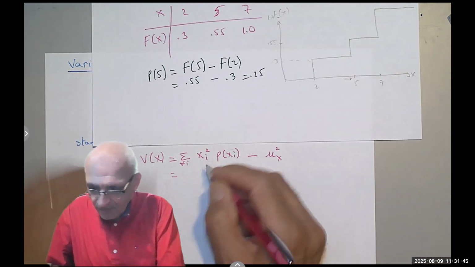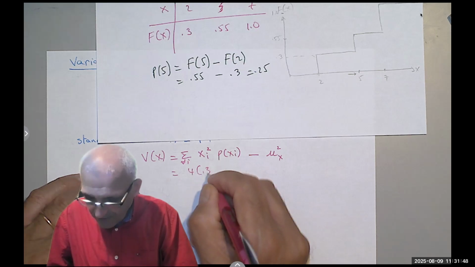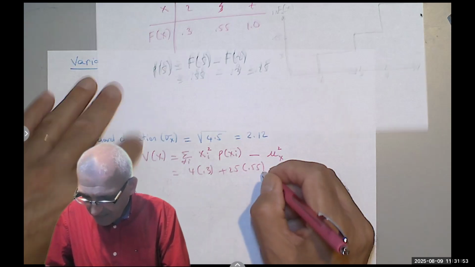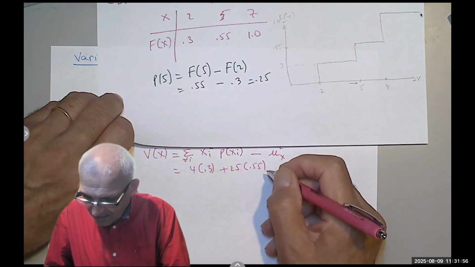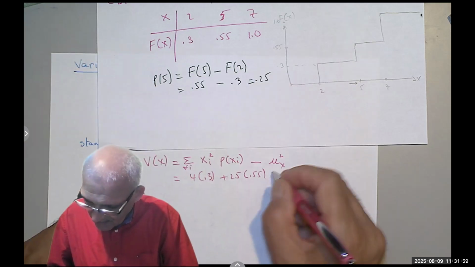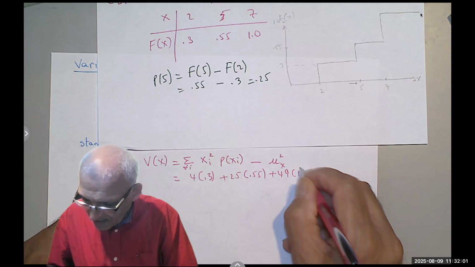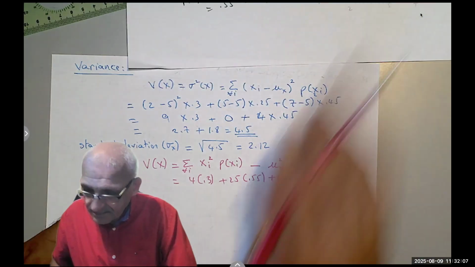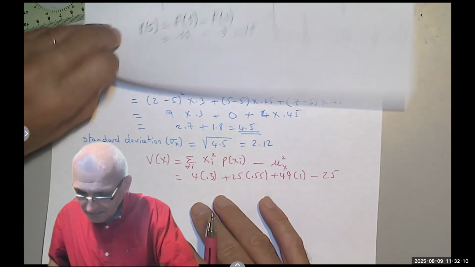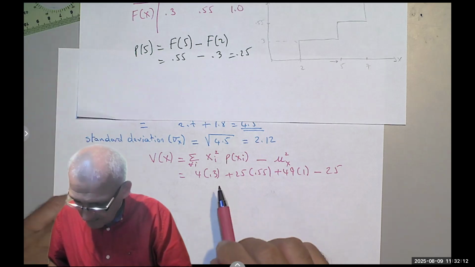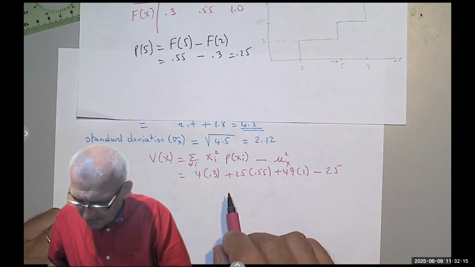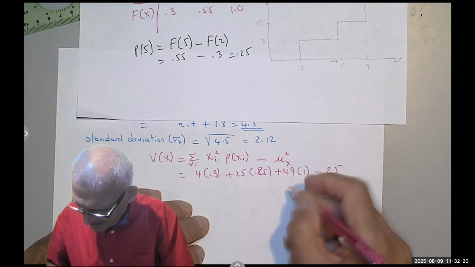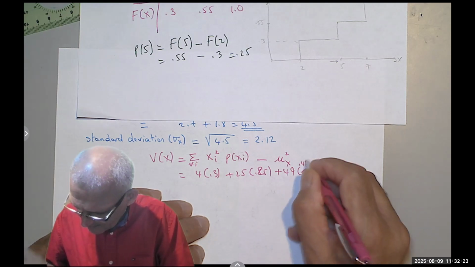So this becomes 4 times 0.3 plus 25 times 0.25 plus 49 times 0.45.